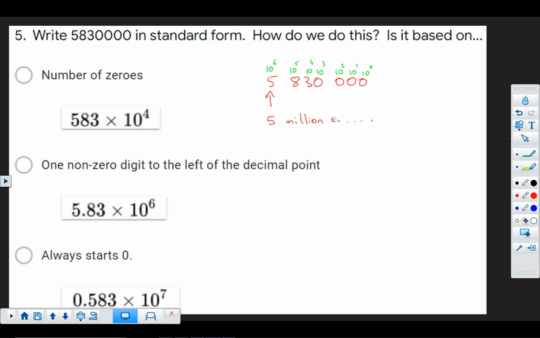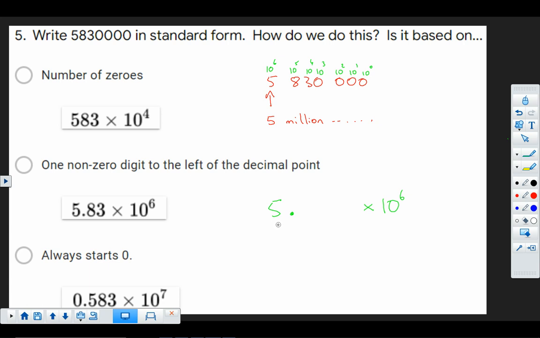Okay, so standard form is meant to help us when we have very big or very small numbers, that we can see instantly what place the most significant, the most important number is. So this first significant number is going to be in front of a decimal point because everything else is less significant than that, and it's in the 10 to the power 6 column.